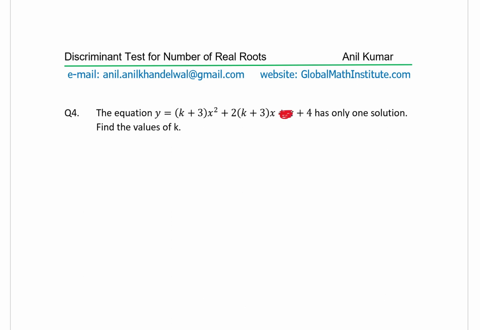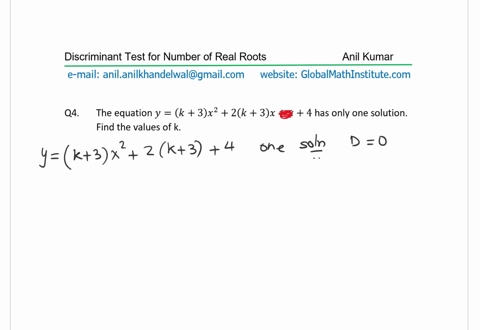So let me rewrite this particular equation, which is y equals to k plus 3 x square plus 2 times k plus 3 x plus 4, and we are looking for only one solution, right? So one solution. That means the discriminant should be equal to 0, right?